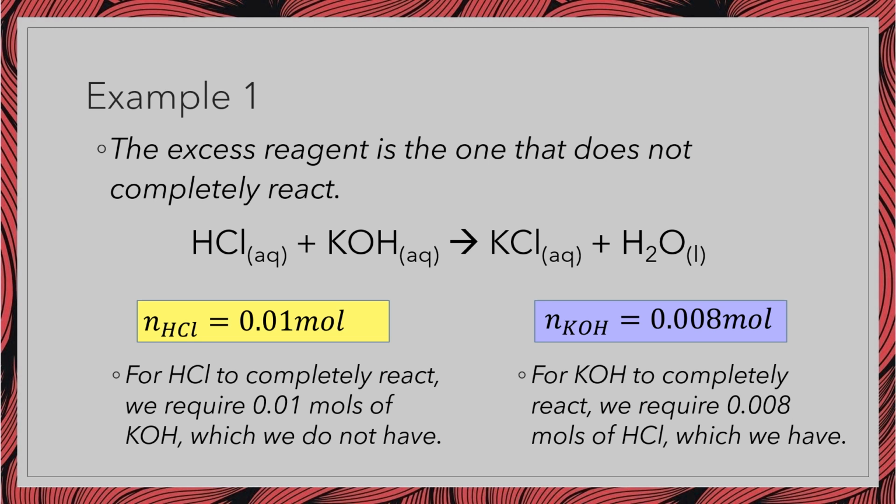But we don't have that much, we only have 0.008 moles. Conversely, for potassium hydroxide to react completely, we only require 0.008 moles of hydrochloric acid, which we have. So we can tell just from that our potassium hydroxide is going to be our limiting reagent, and our HCl is going to be in excess.